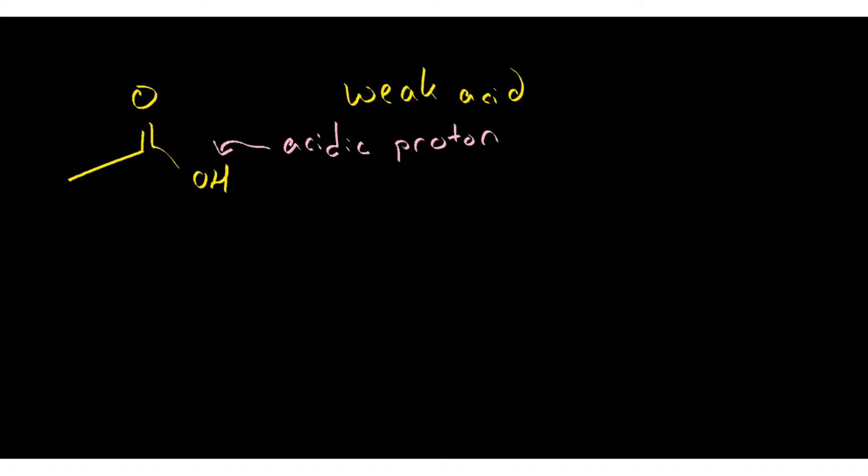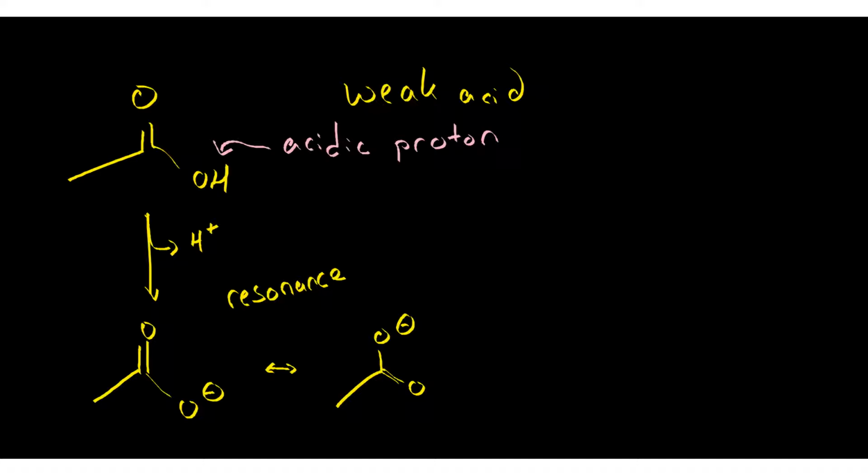That proton right there, the hydrogen on the hydroxide, that is your acidic proton. And the reason it's acidic, weakly acidic, but still acidic, is that when it loses that proton, you end up with the carboxylate, the anion.